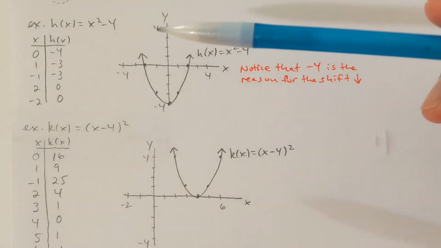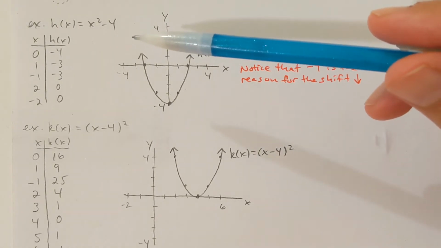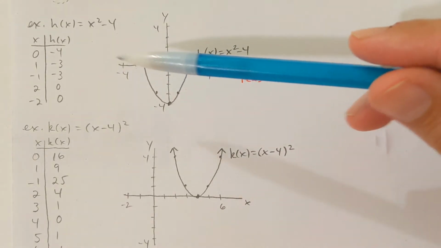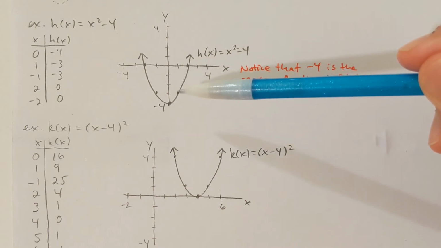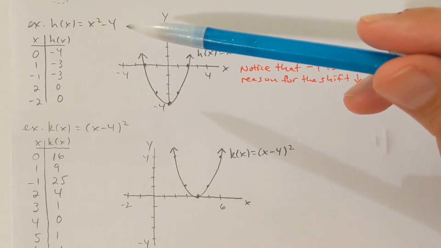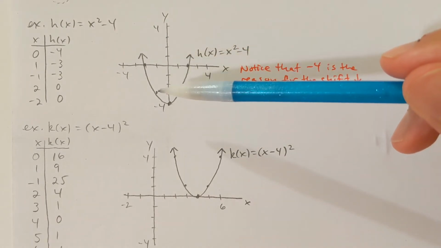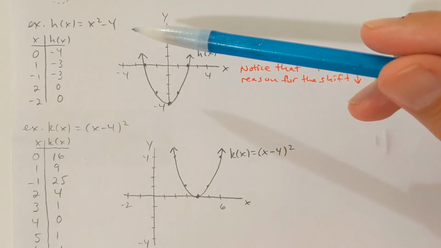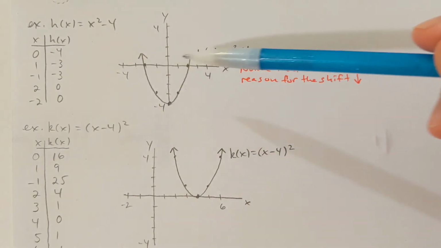So if x is 0, h is negative 4. Here's 0, negative 4. If x is 1, we get negative 3. Here's 1, negative 3. If x is negative 1, negative 1 squared is 1. Minus 4 is negative 3. Negative 1, negative 3. 2, 0, and negative 2, 0 are on the graph.